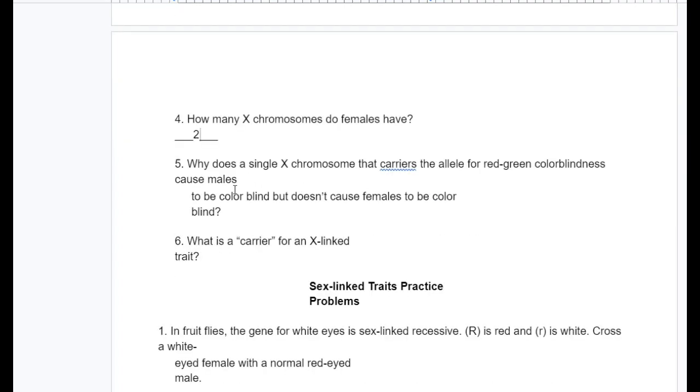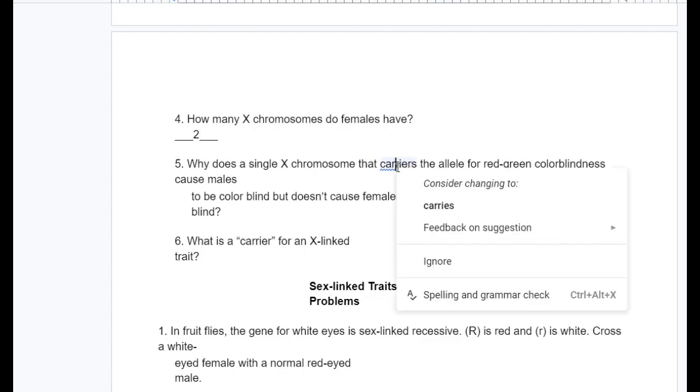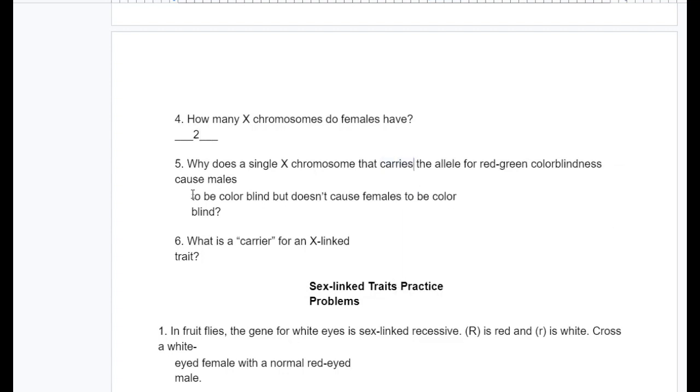We've already done this once. What is it about a single X chromosome that carries the allele for red-green color blindness that causes males to be colorblind, but doesn't cause females to be? Well, males only have 1 X chromosome.